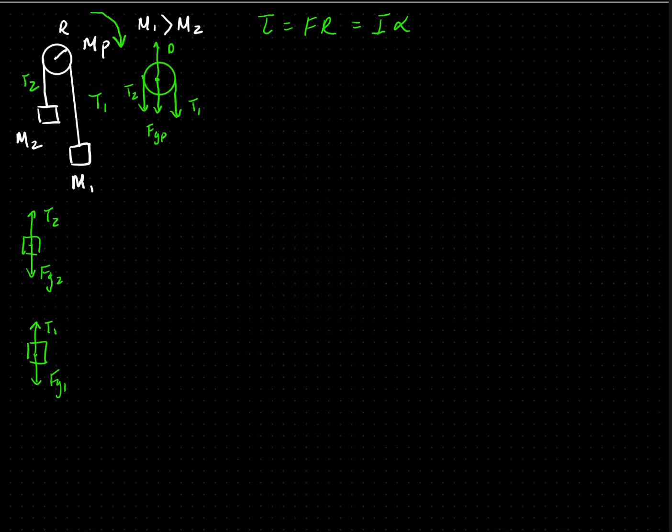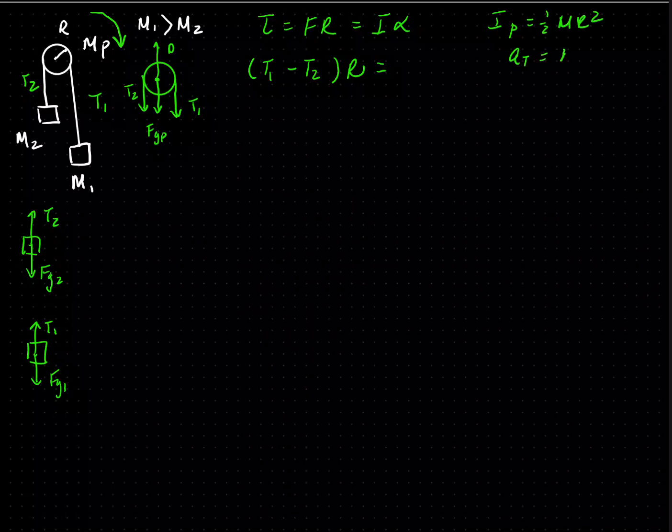Since it's going clockwise, I'm going to make the direction it's moving in positive. So this is going to be (T1 minus T2) times r. I could subtract T1 and T2 first before multiplying by r, because the lever arm, or the radius from the pivot point, is the same for both. This is equal to I, and remember I for the pulley is 1/2 m r squared.